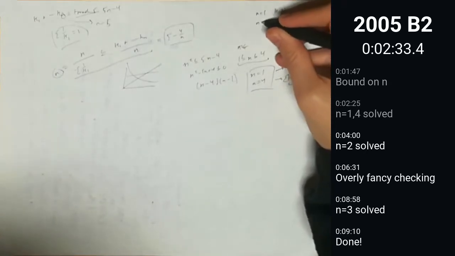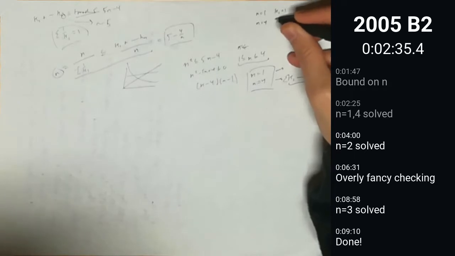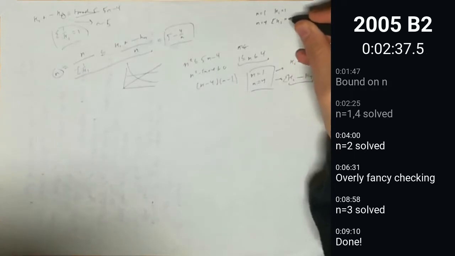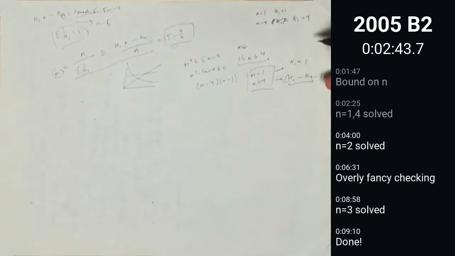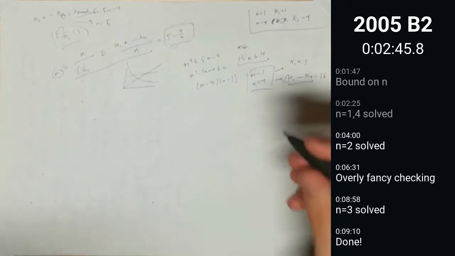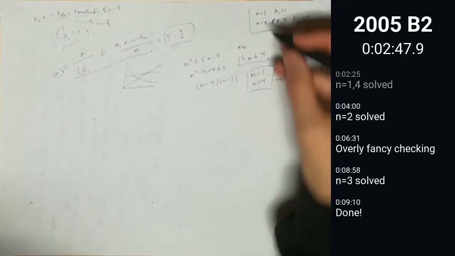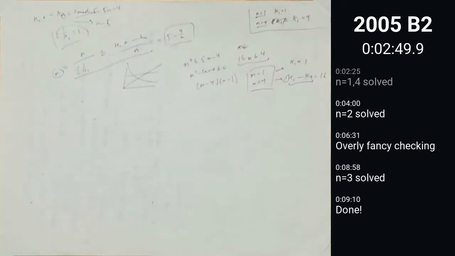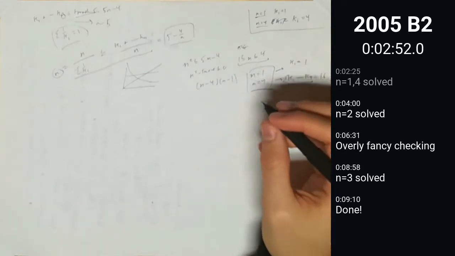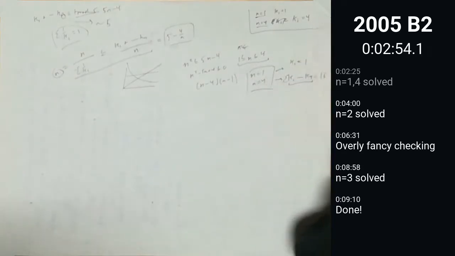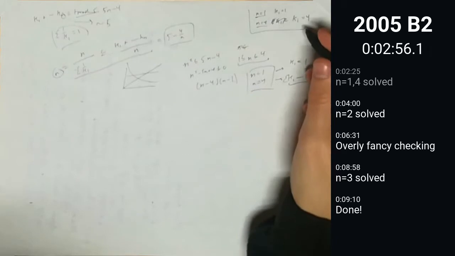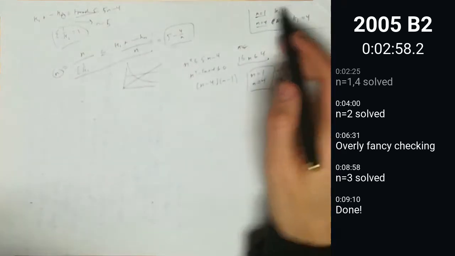If n equals 4, then the sum of the ki has to be 16, so every ki is equal to 4. Those are the only solutions for n equals 1 and n equals 4. Okay, let's confirm this actually is a solution. Yeah, that's good.